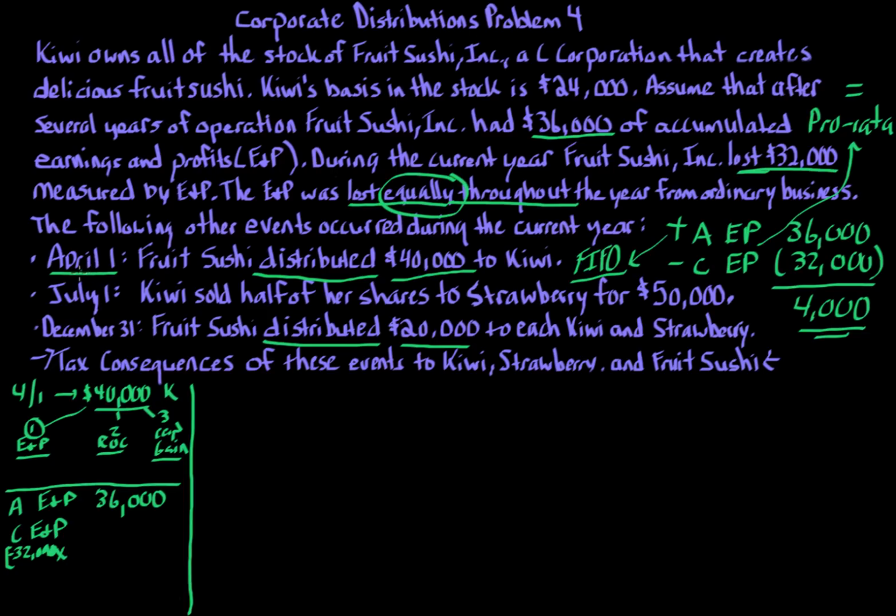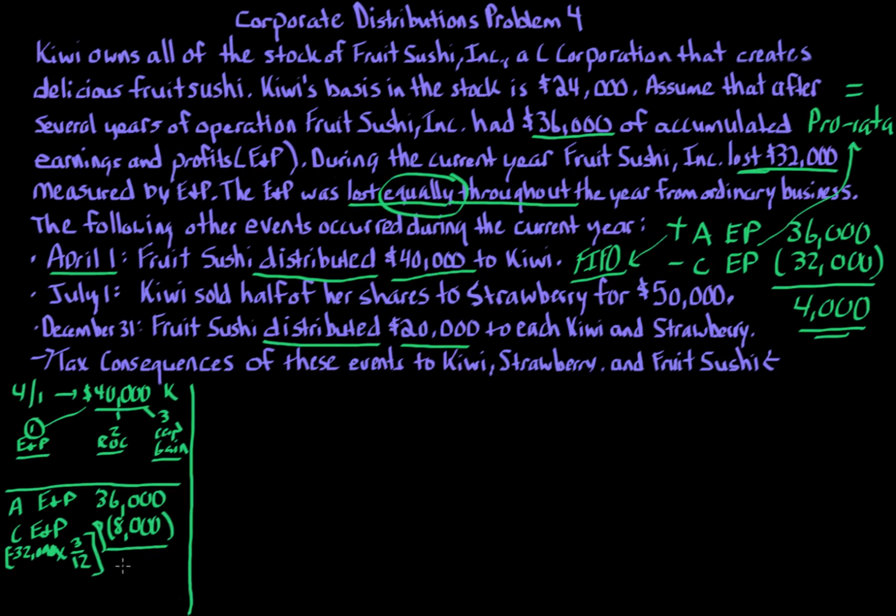So on this day, you have to count how many months have actually occurred during the year. 3: January, February, March. This is a calendar year corporation, so 3 months have occurred. 3 over 12 is 1/4, which means there is negative 8,000 of current EMP that has taken place as of April 1st, because it all happened equally, so ratably.